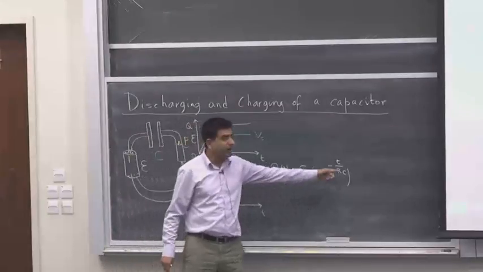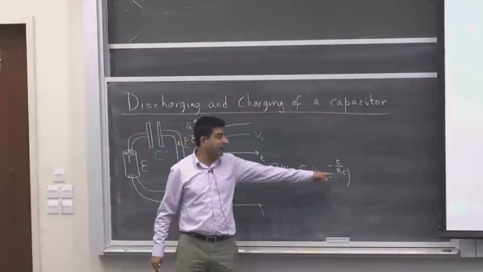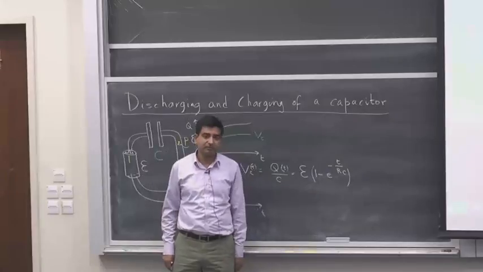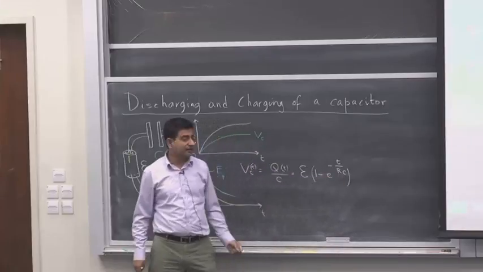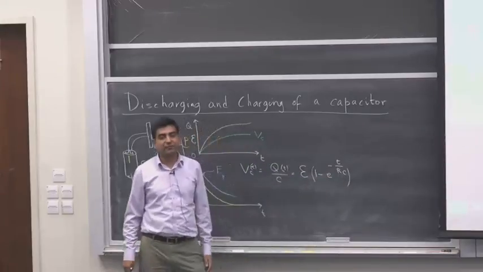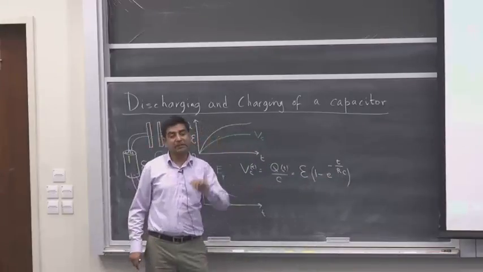This product of R and C happens to have dimensions of time, and the rate at which charge is built up is governed by RC. Larger the time constant RC, the slower will be the buildup of charge.